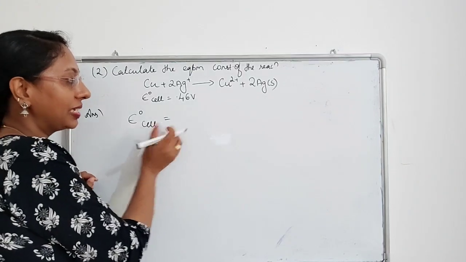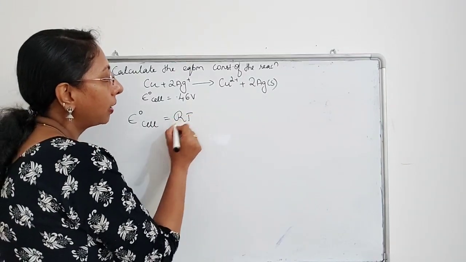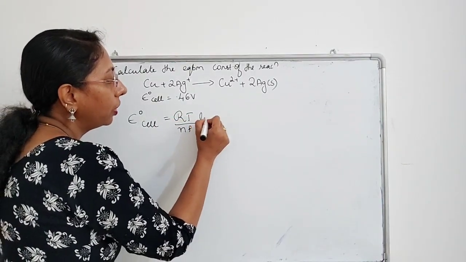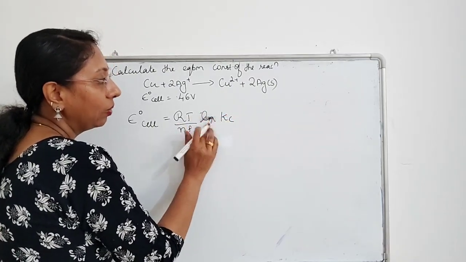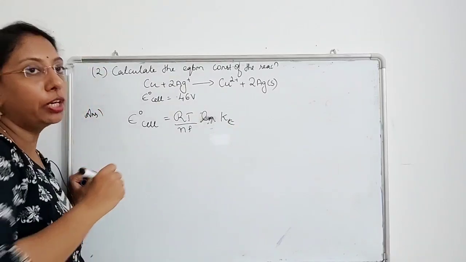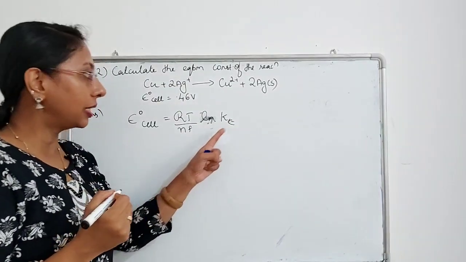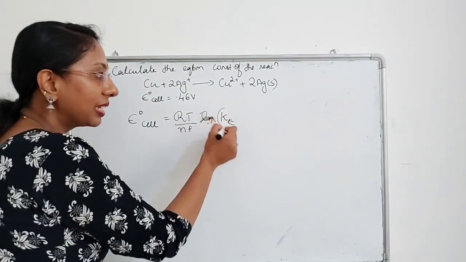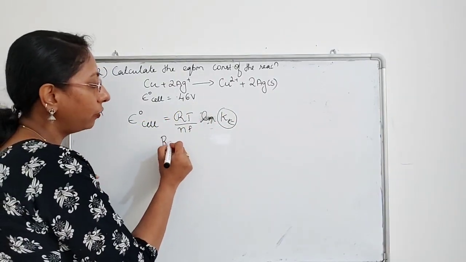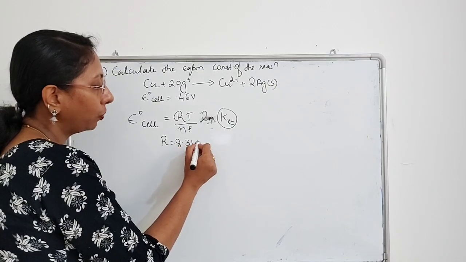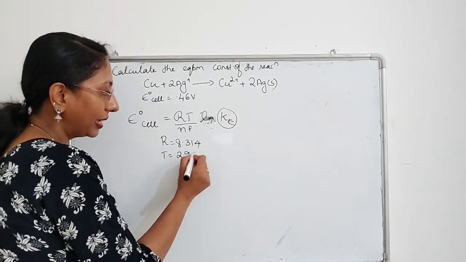So, E0 cell is equal to RT by NF ln Kc. What is Kc? That is the equilibrium constant. So, we have to determine this Kc. E0 cell is given. R we know. What is the value of R? 8.314. What is the value of T? 298 Kelvin.